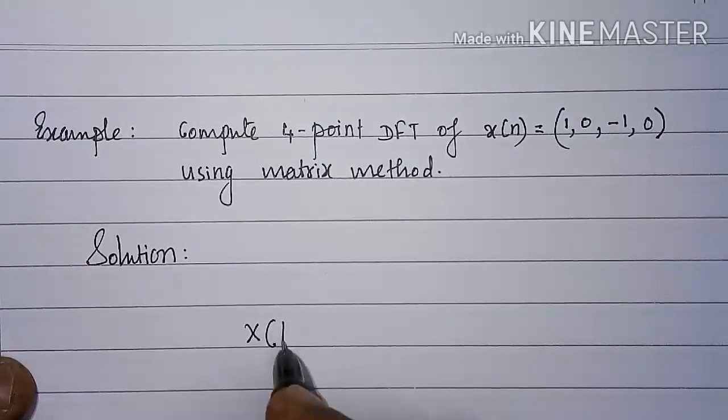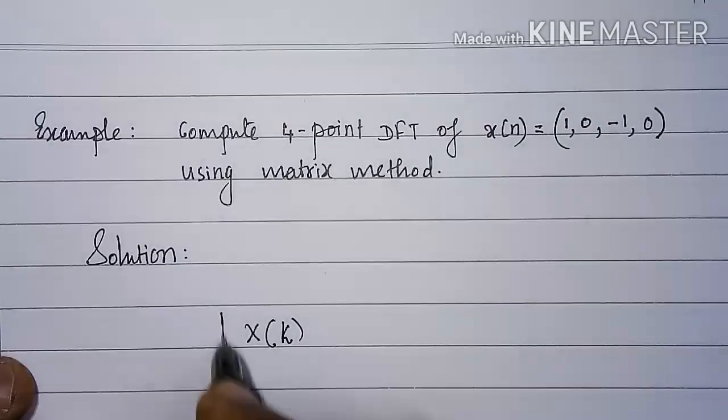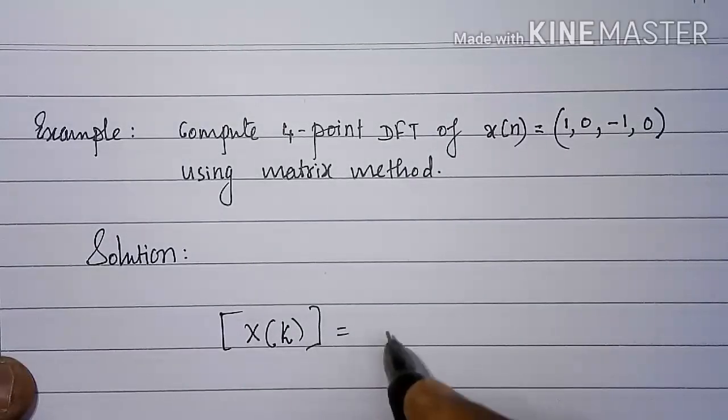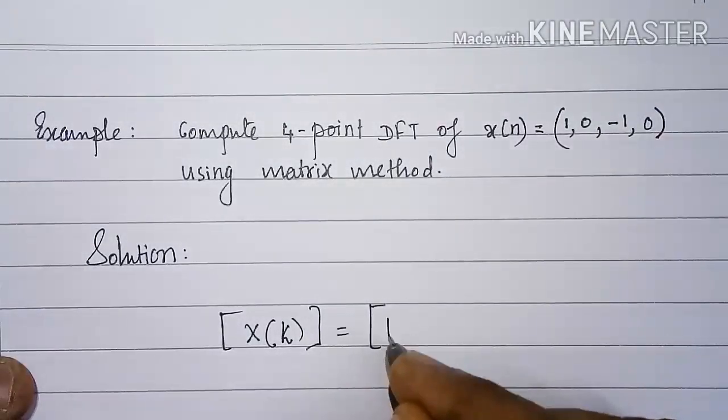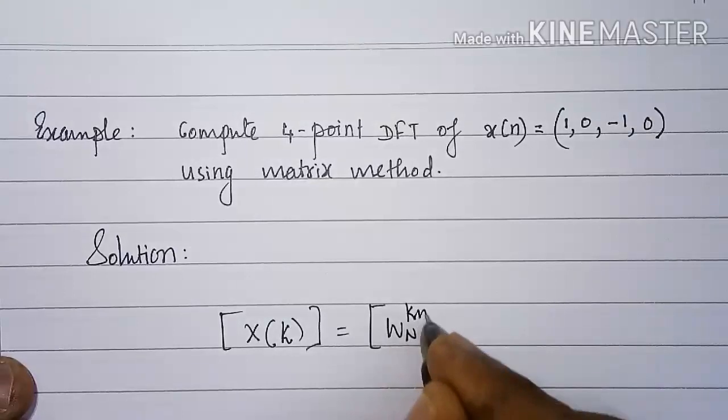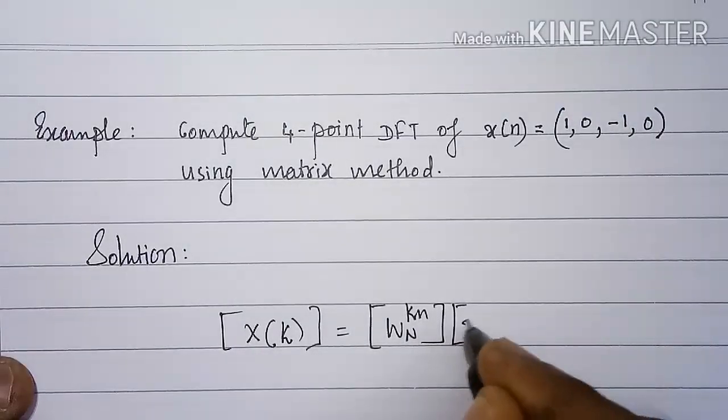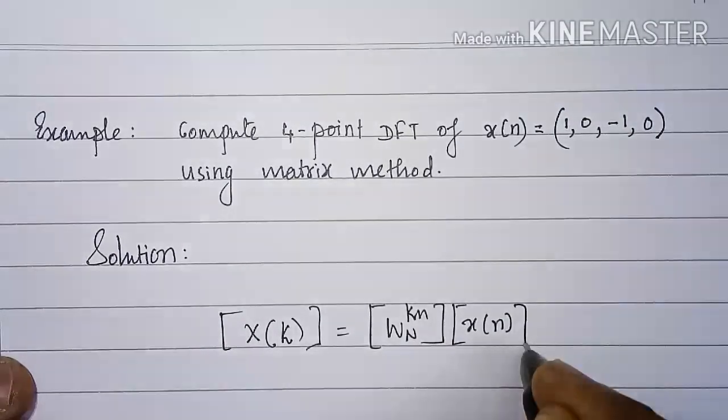By definition, X of k is equal to W N raised to kn into x of n.